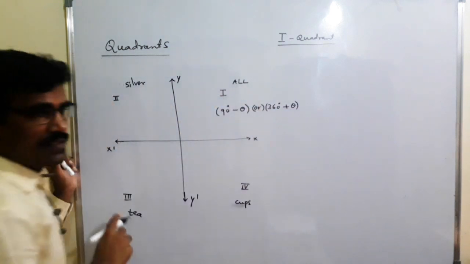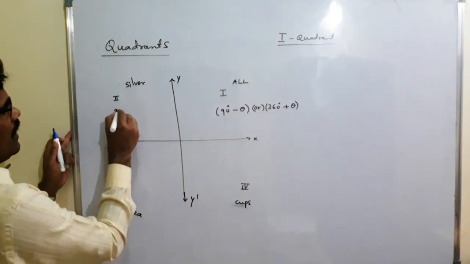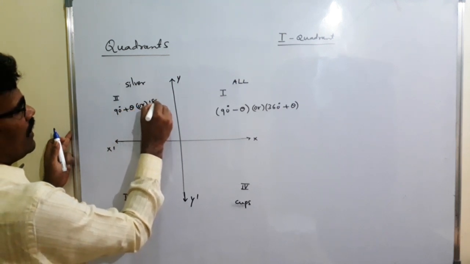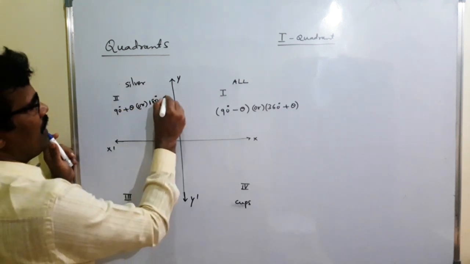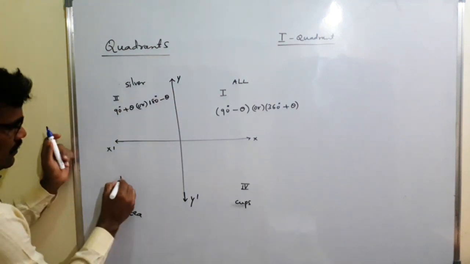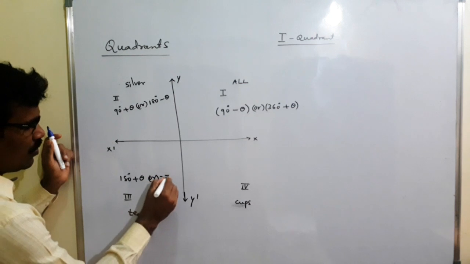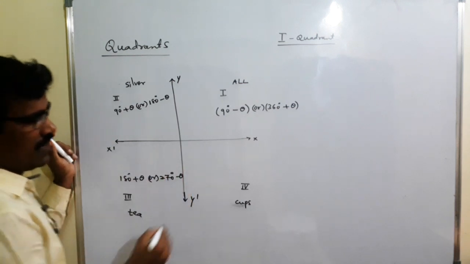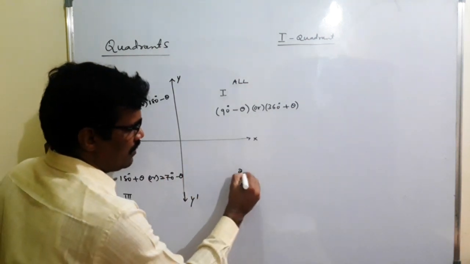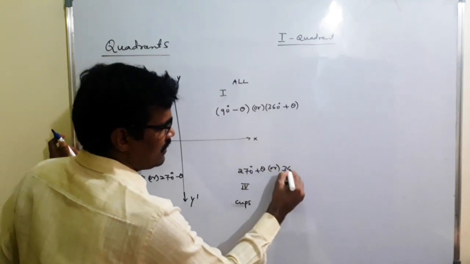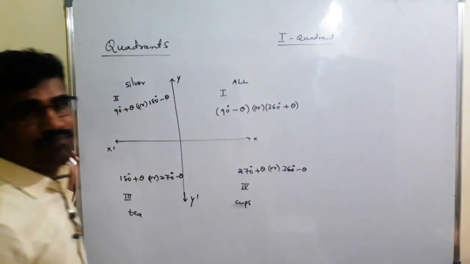Second quadrant means 90 degrees plus theta or 180 degrees minus theta. Third is 180 degrees plus theta or 270 degrees minus theta. And fourth is 270 degrees plus theta or 360 degrees minus theta.